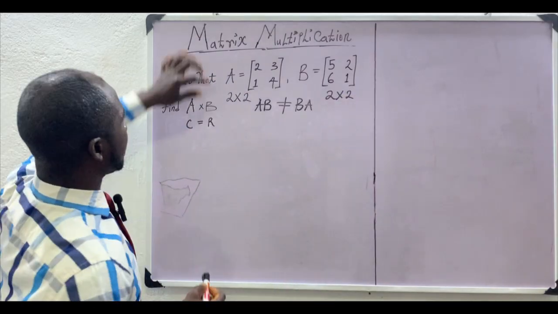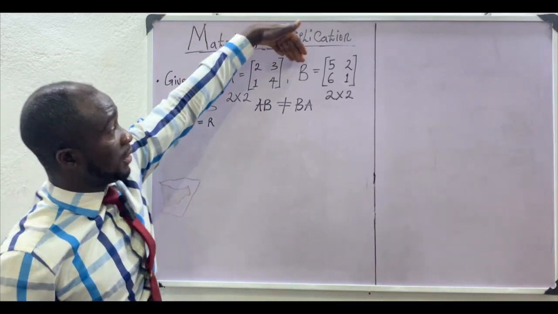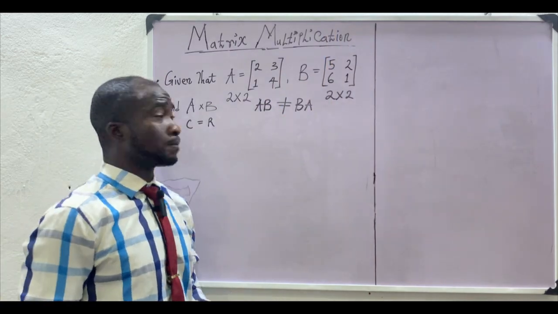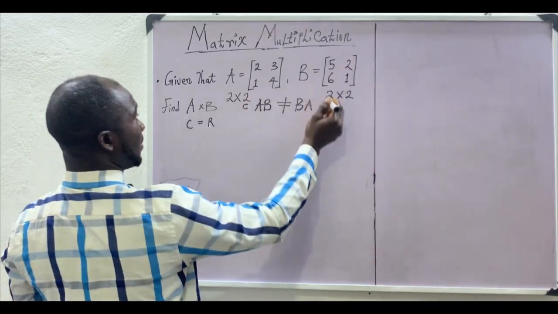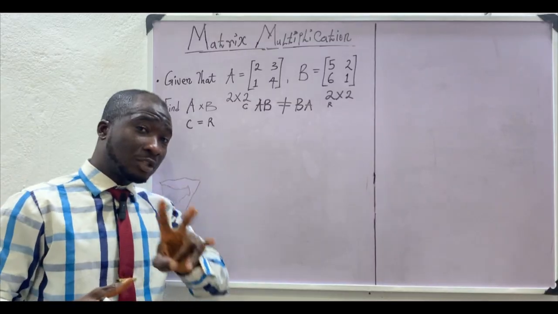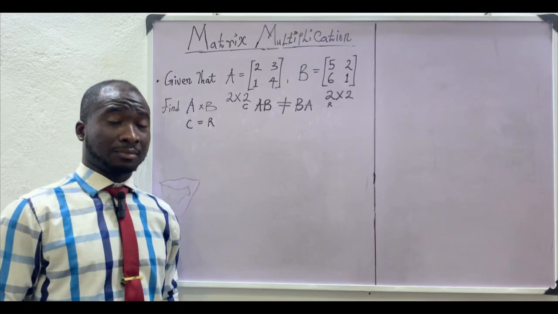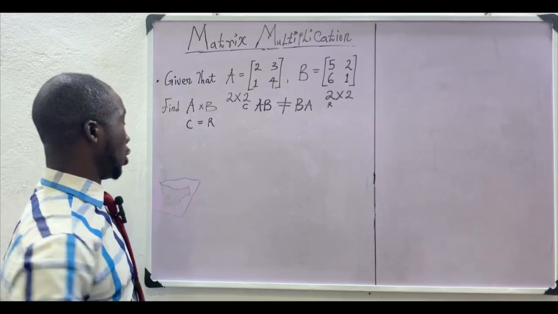In other words, A has 2 rows and 2 columns. B also has 2 rows and 2 columns. So since the number of columns here is the same as the number of rows here, it means that the product of these two matrices will result in a new matrix, maybe C. Now, how do we go further to obtain this product?